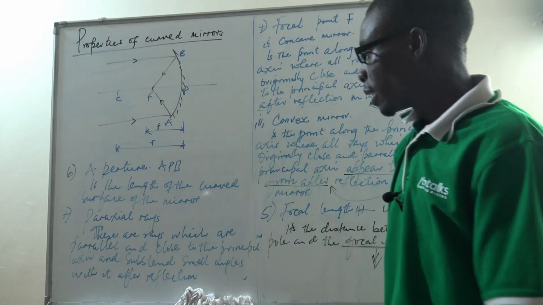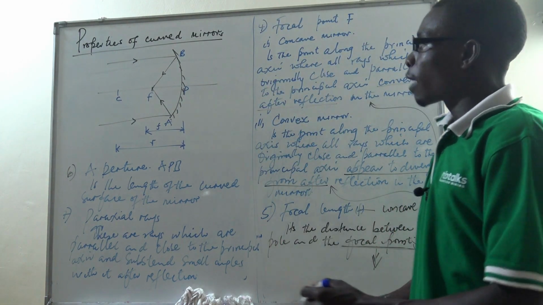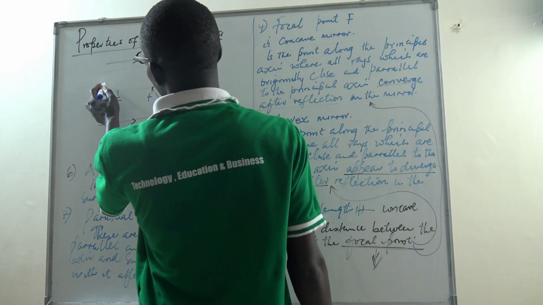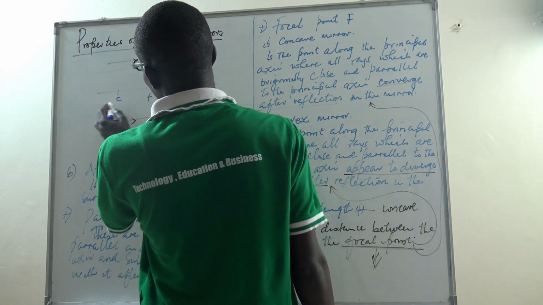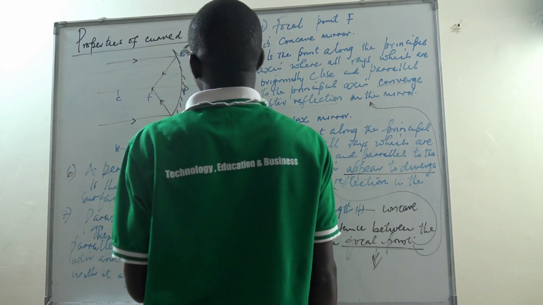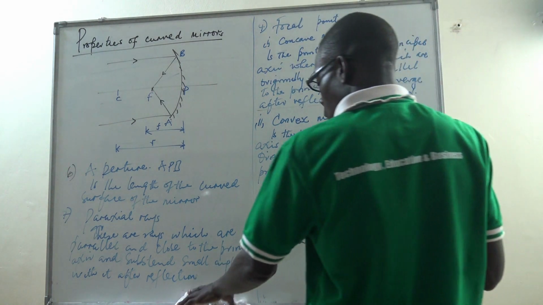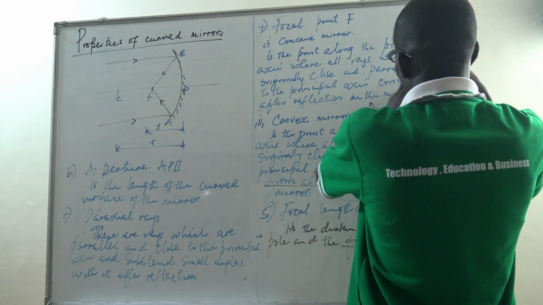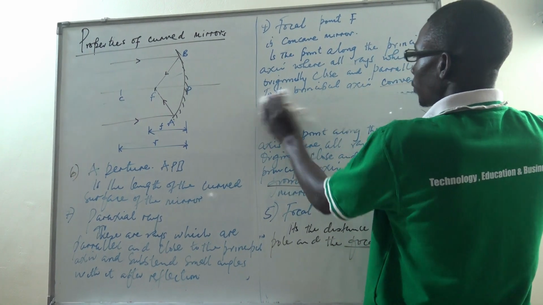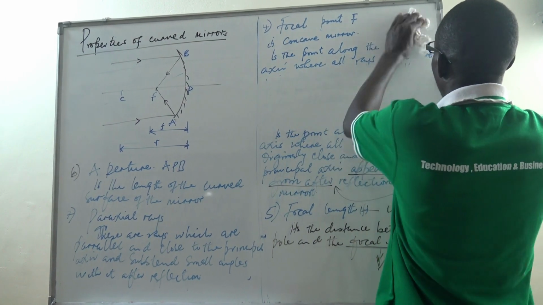Okay? That is the paraxial rays, rays which are very close. If I have this and then that, these rays which are too close to this are what we are calling paraxial rays.